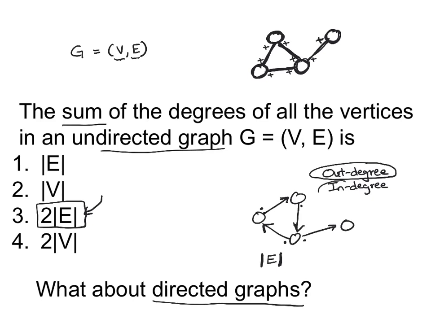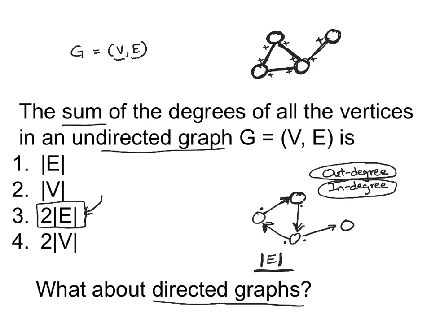And in a similar way, when we add up the in degrees of all the vertices in a directed graph, we are again going to get the number of edges in the graph, because when we are adding up the in degrees, each edge would be counted once for each vertex that it's leading into, right?